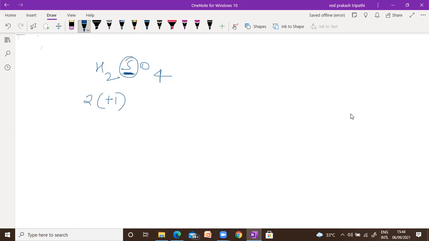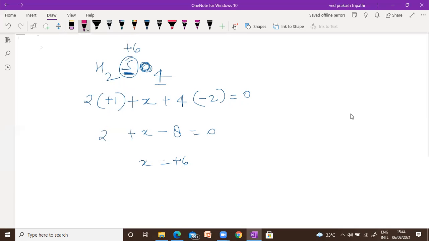We have to find sulfur, so we can assume this one as X. Oxygen is 4 times, so we can write 4 into, now oxygen oxidation state is -2, that is equal to 0. So as you can see, this is 2, this is X, this is -8, that is equal to 0. So X will be +6.